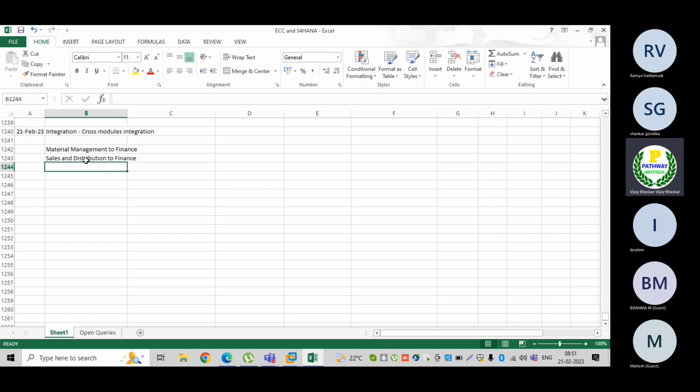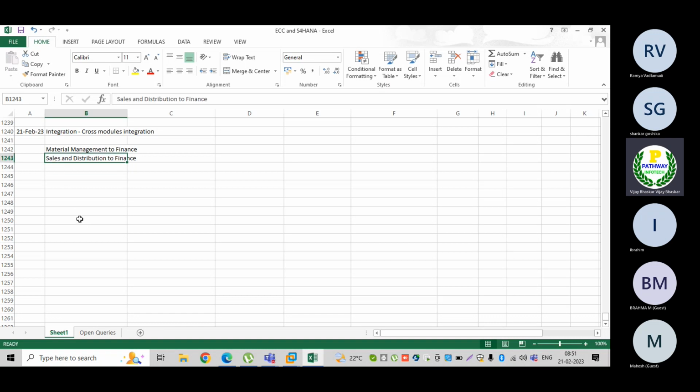Wherever you go, you will have challenges in these two modules. As an FI consultant, you need to know the process and where the FI consultant's job needs to be. Other things like material master creation, plant creation and storage location will be done by the MM consultant.